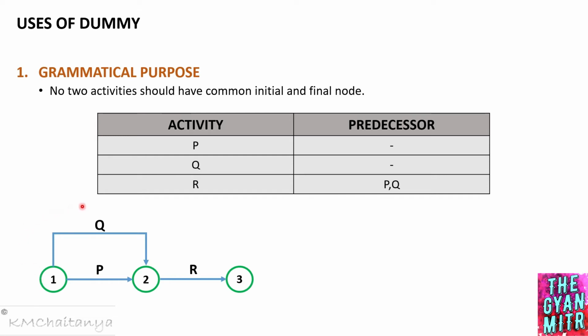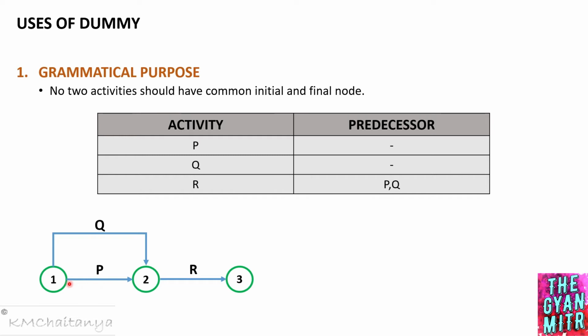If we look at the first two activities P and Q, we can clearly see that P and Q have a common initial event. This is not at all a problem, since we can have multiple activities starting from an initial event, and in the subsequent events we can also have multiple activities emerging or bursting out.